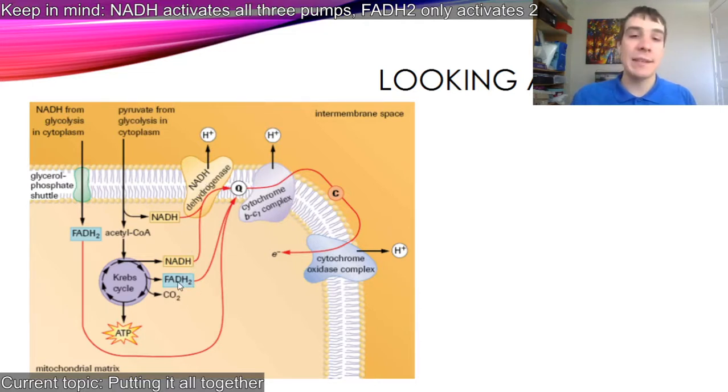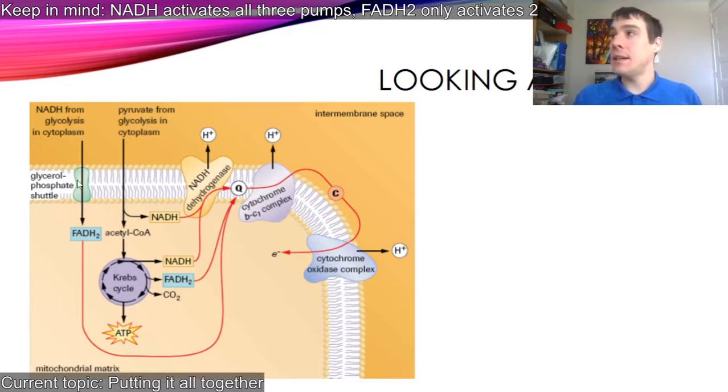It actually passes its electrons directly to ubiquinone, or cytochrome Q. And that will only activate these 2 pumps, which means that NADH pumps 3 protons, FADH pumps 2, meaning that one NADH can make 3 ATP and one FADH can make 2 ATP.